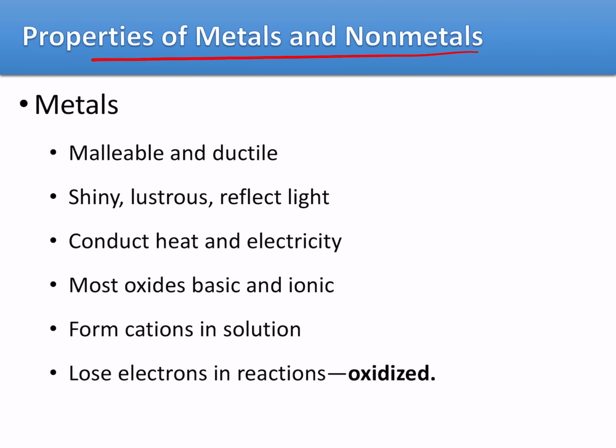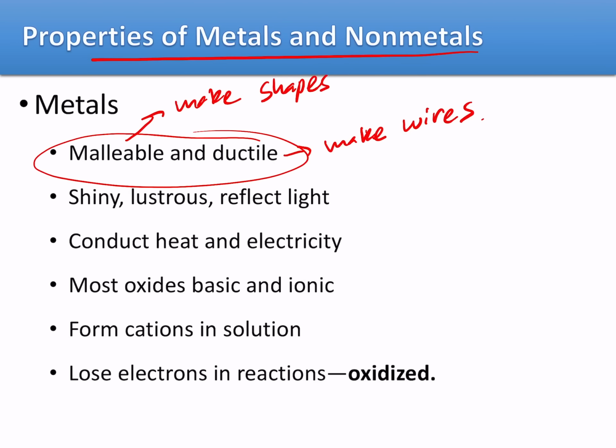And just to remember, what are some of the properties of metals? They are malleable and ductile. This means you can make shapes out of metals, and ductile means you can make wires out of them. And metals, generally speaking, are shiny and lustrous, but probably the main thing you can relate with metals is malleable and ductile.